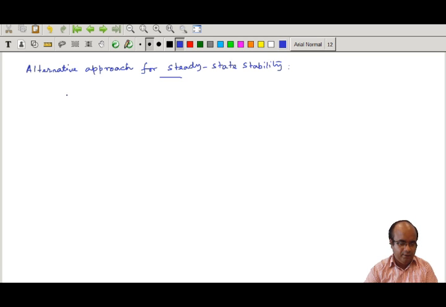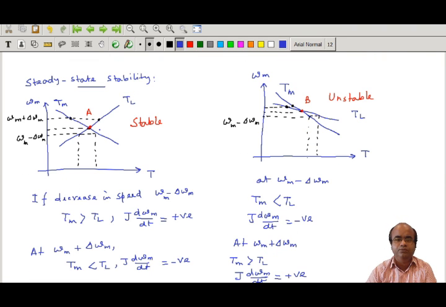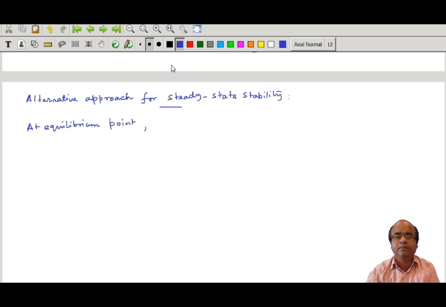At the equilibrium point, what we have concluded from these two figures is that for a stable operating point, any deviation in the load torque should be greater than dTm by d omega m.